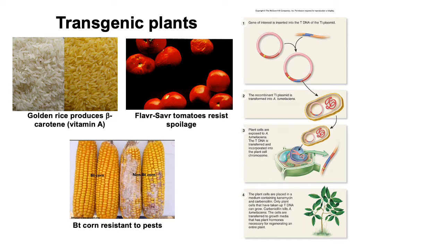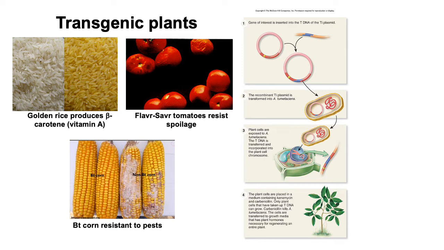So BT corn is a transgenic form of corn that expresses pesticide, basically. So the corn borer, which is a pest, is actually killed if it tries to eat BT corn, or corn expressing this toxin. So you can see on the bottom the BT corn is on the left and the non-BT corn is on the right.